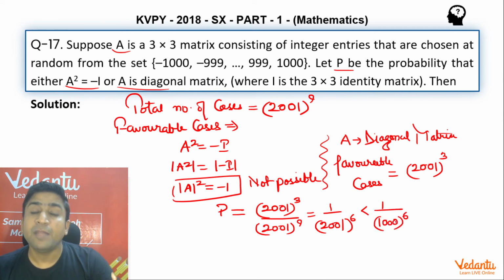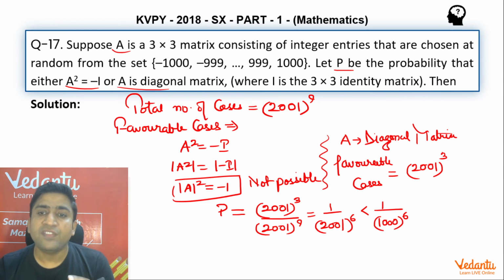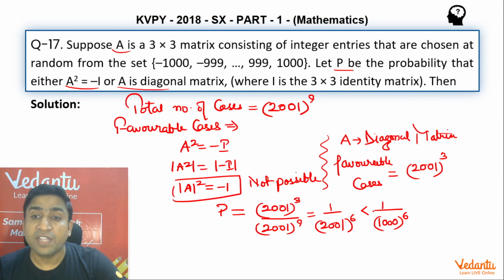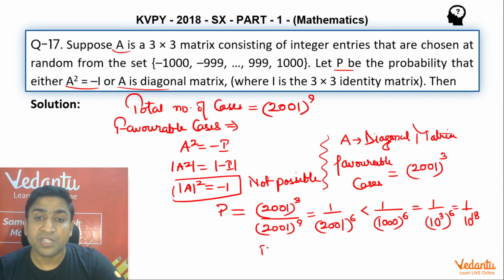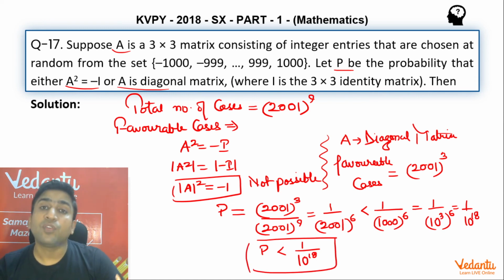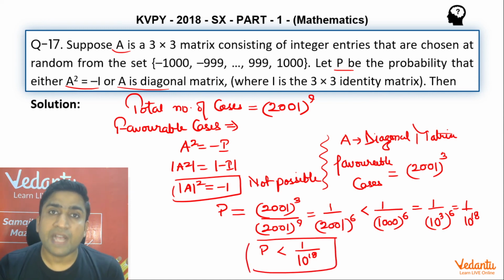The moment I replace 2001 with 1000, the inequality will lead to less than 1 upon 1000 to the power 6. If I replace 1000 by 10 cube, it is 10 to the power 18. The moment I get this expression, my probability value will always be less than 1 upon 10 to the power 18. So as per me, this is the answer for this application, right?